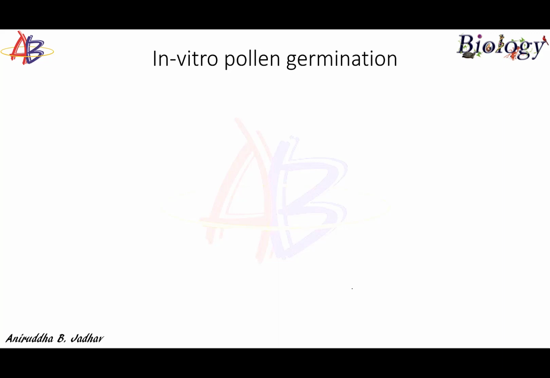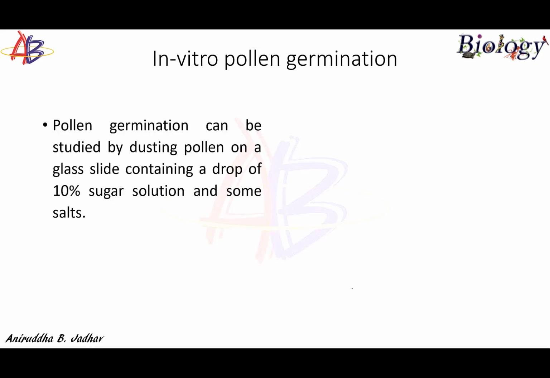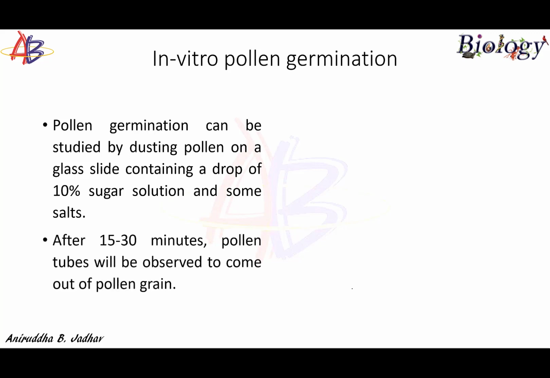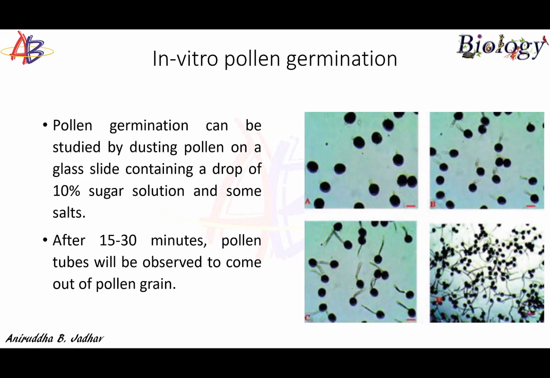This experiment is termed the hanging drop method for understanding the process of pollen germination. Pollen germination can be studied by dusting pollen on a glass slide containing a drop of 10% sugar solution and some salts. After 15 to 30 minutes, the pollen tubes will be observed to come out of the pollen grains.